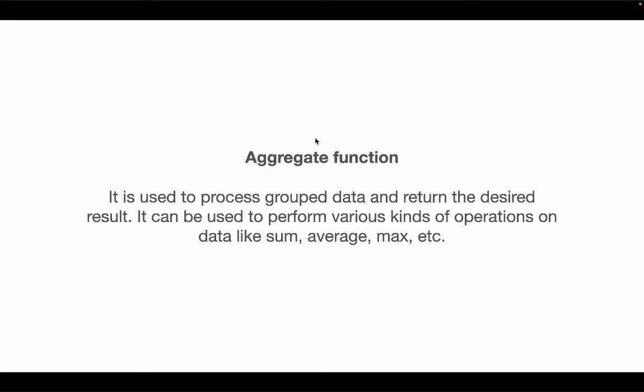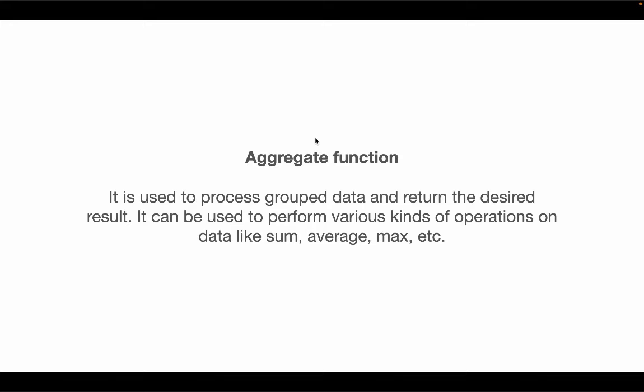Like we are given a collection, that is a table, and we are given group data inside a collection, and that group data is fed to the aggregate function, and this function returns the desired result. The aggregate function does the work of the reduce function, which is used in Hadoop.